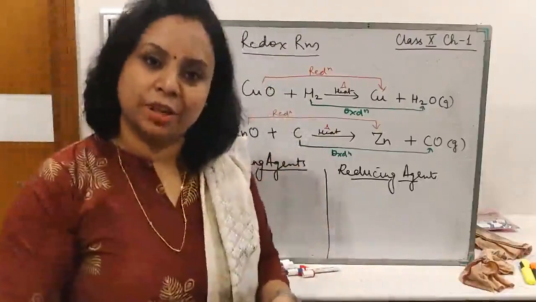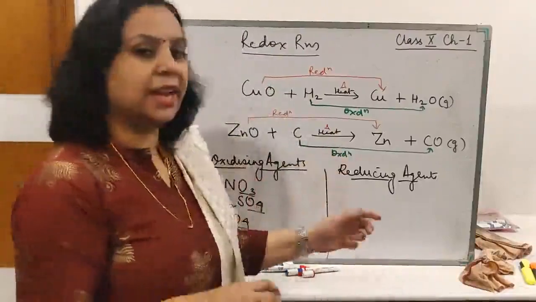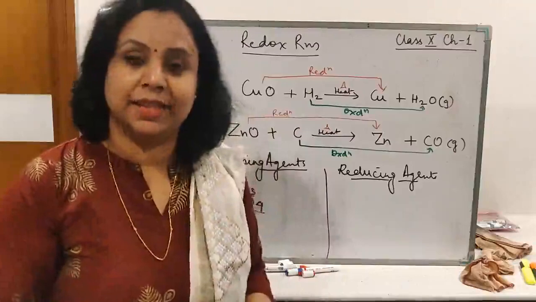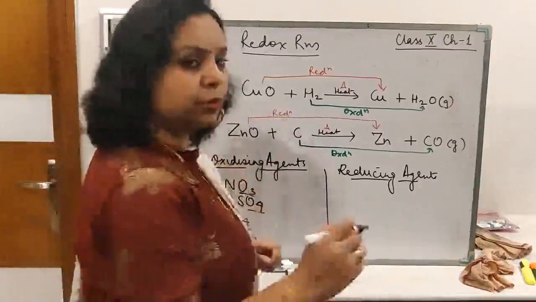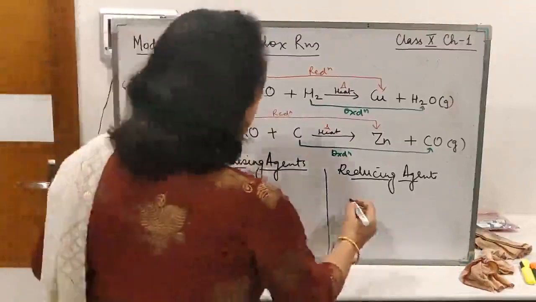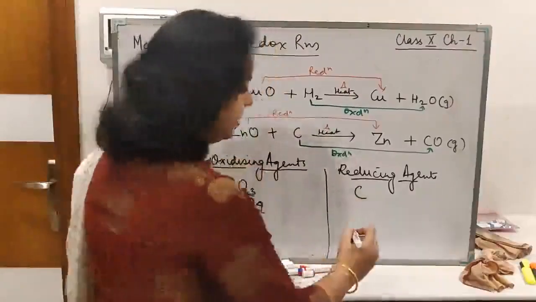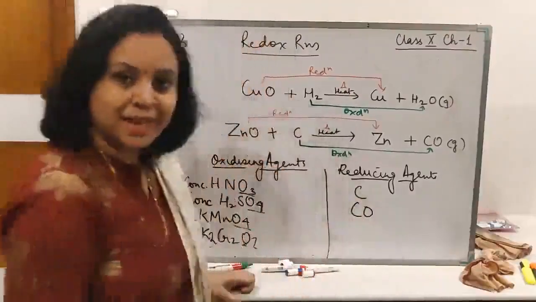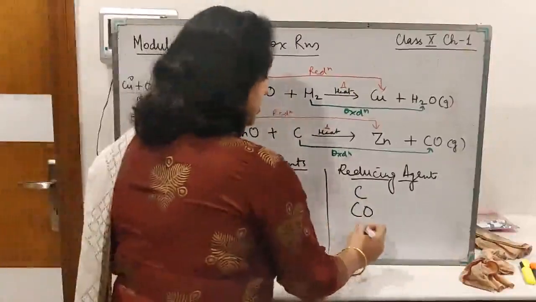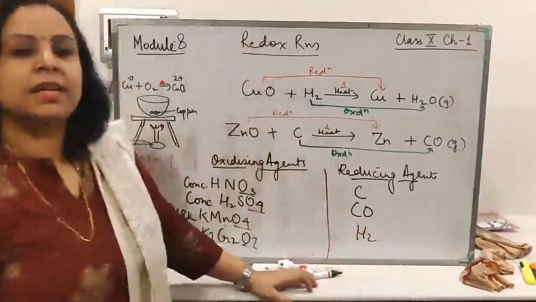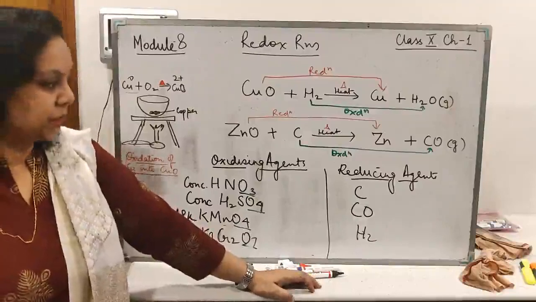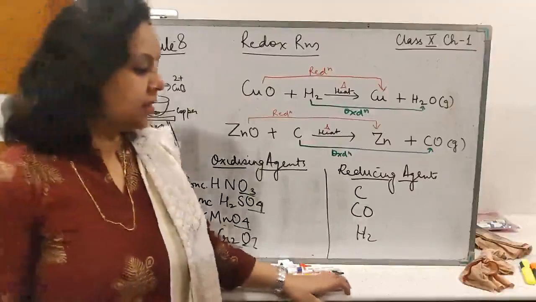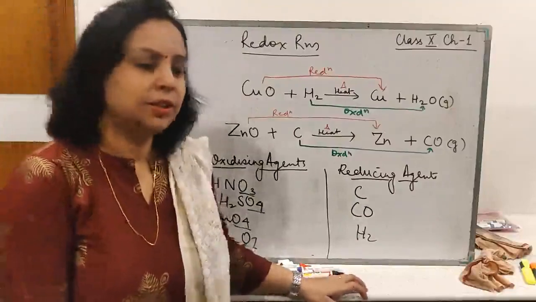Oxidizing agent will get reduced itself, reducing agent will get oxidized itself in the process. So, some common reducing agents are carbon monoxide, hydrogen gas. These are some common reducing agents which are used in several chemical reactions.